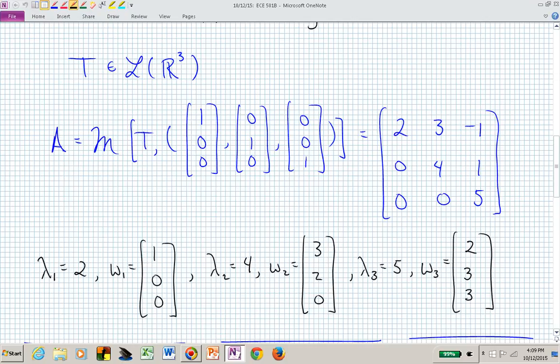Well, if you can't quite think that far ahead, just think of the eigenvalue-eigenvector relationship.